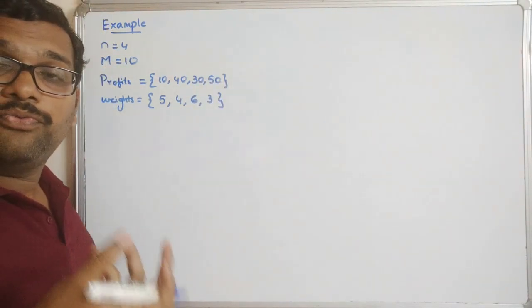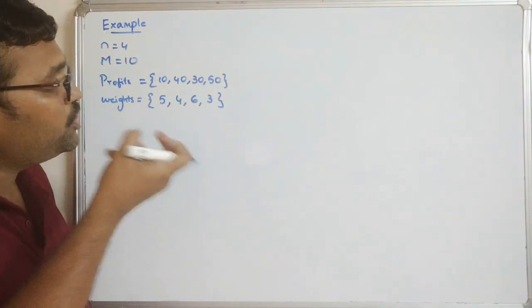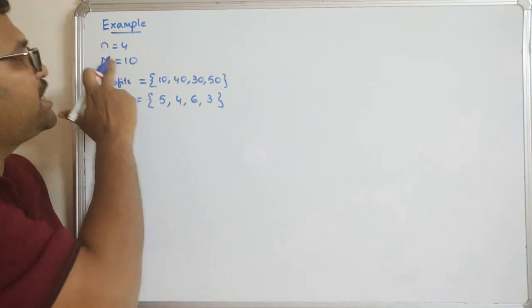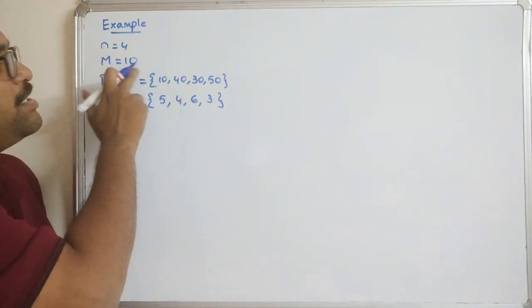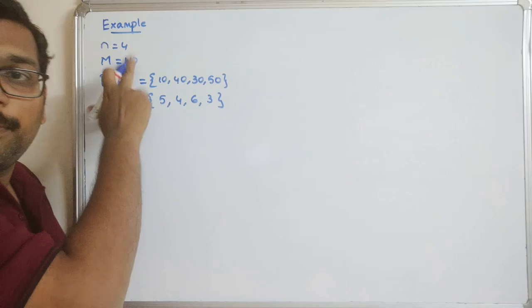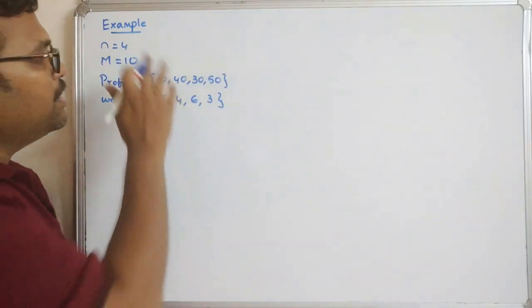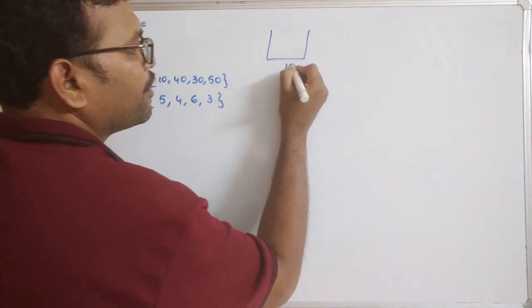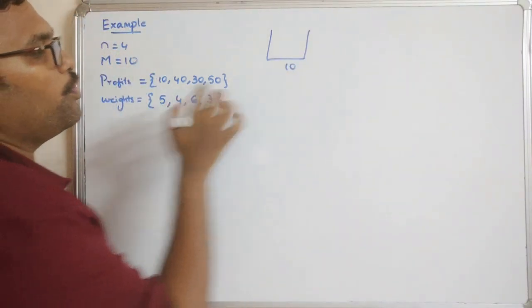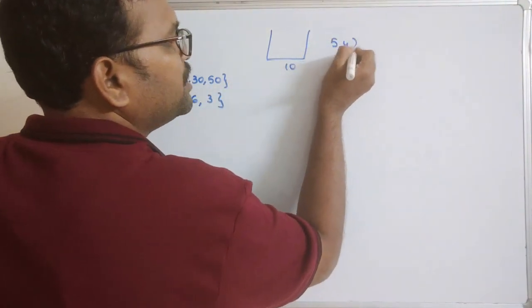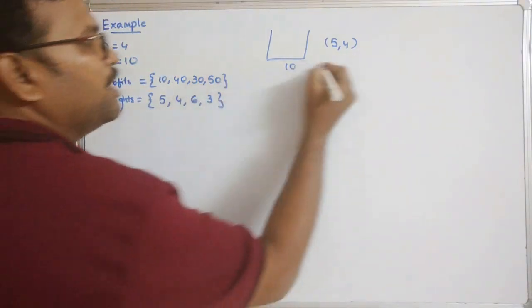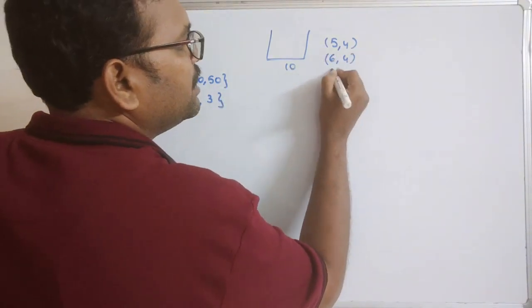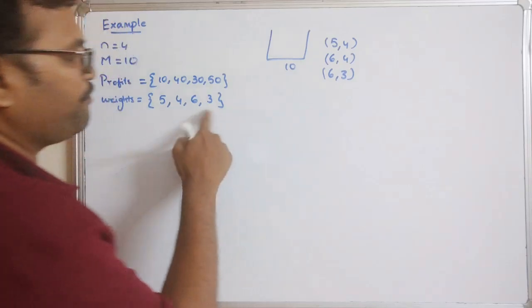Okay, so we need to find out which objects should be inserted into the sack so that the weight does not go beyond the capacity, right? For example, here the sack capacity is 10, right? So we can move 5 and 4, the combination 5 and 4, and similarly 6 and 4, and similarly 6 and 3.